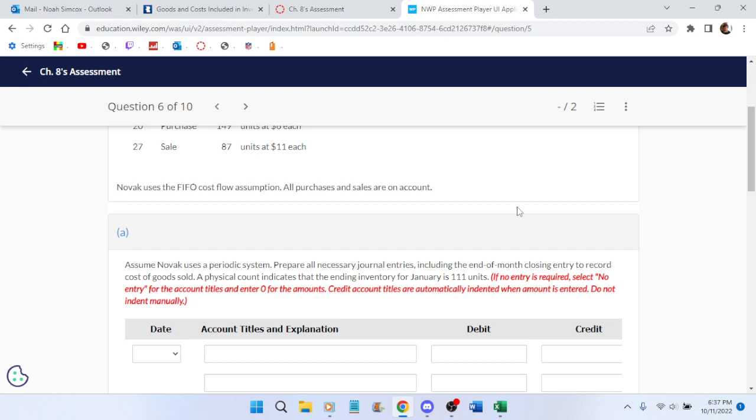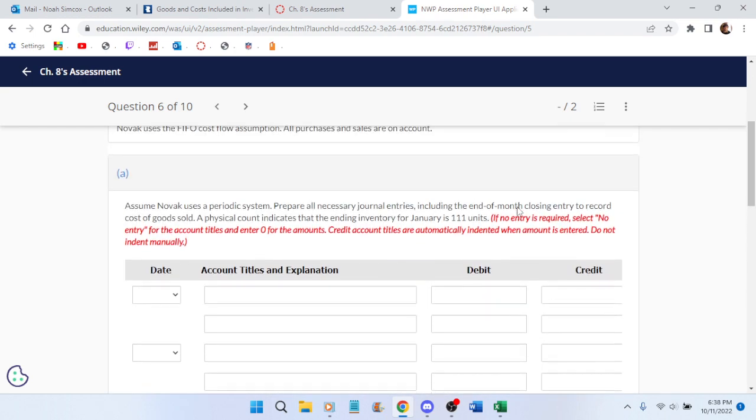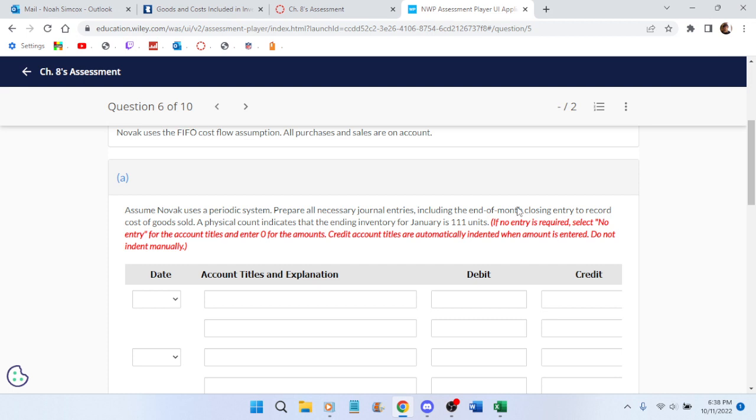Periodic system. This is going to be so incredibly fun because I don't remember how to use the periodic system, because we always did the perpetual system in financial accounting, so now I have to use a system I'm not familiar with. Funny?